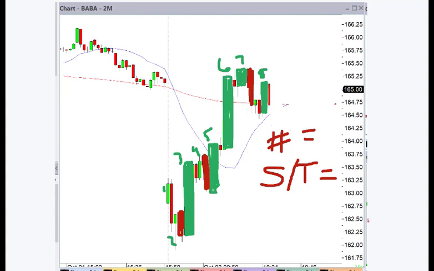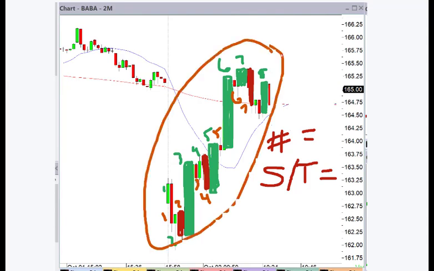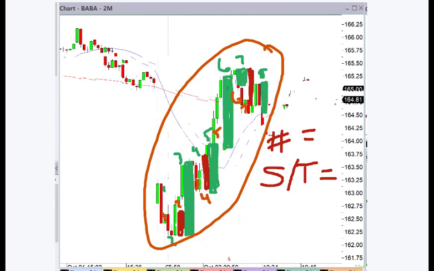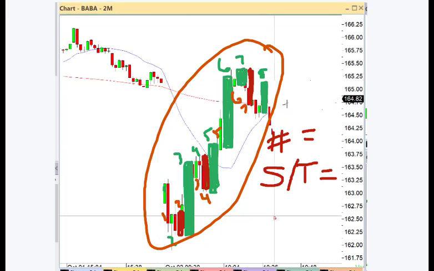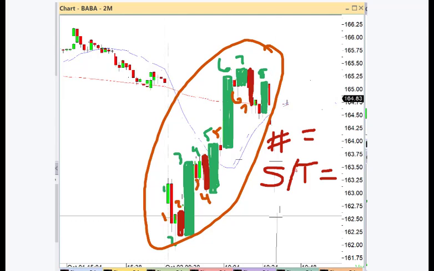Now let's count the reds. You got 1, 2, 3, 4, 5, 6, 7. So we don't have a big number imbalance. In terms of true numbers we've got an imbalance, but that is not really true because we have more greens combined.